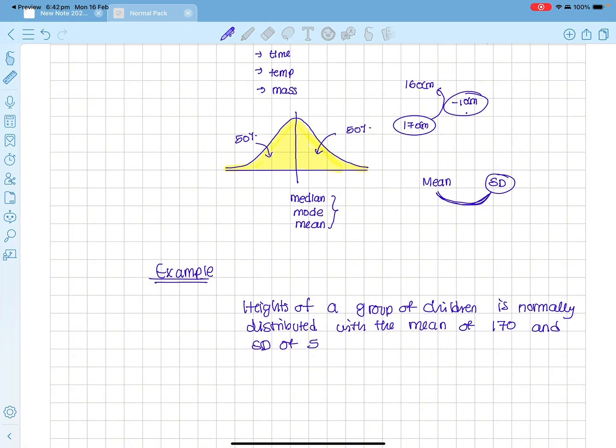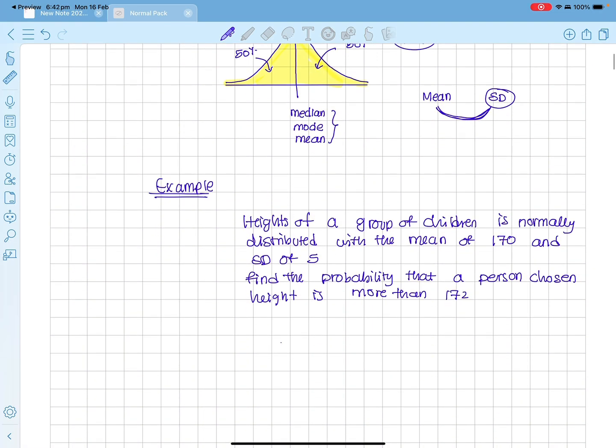Find the probability that a person chosen has a height more than 172. So what we would do, we're going to distribute the heights using normal distribution.